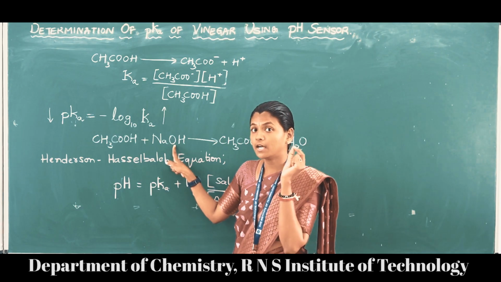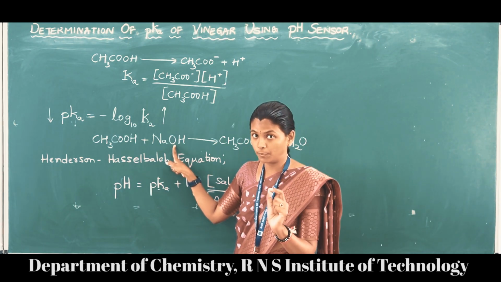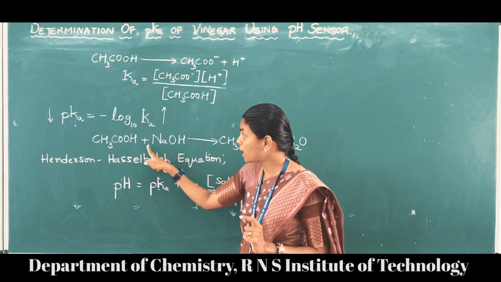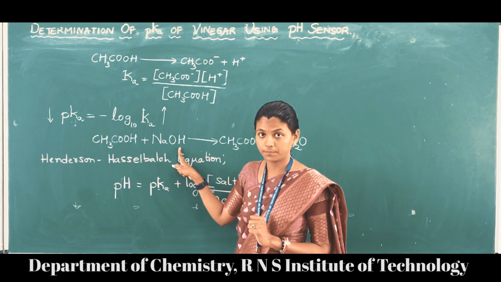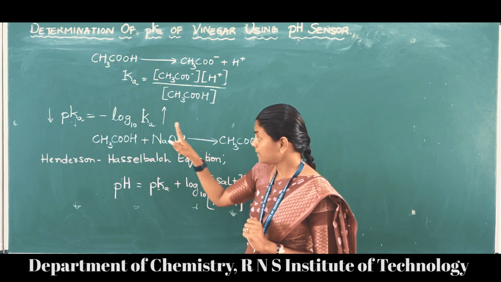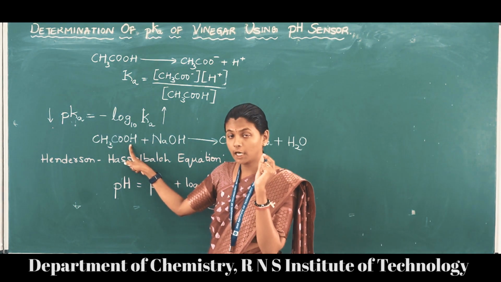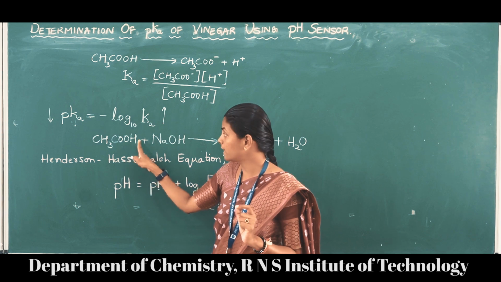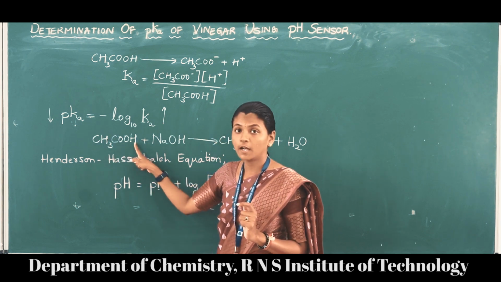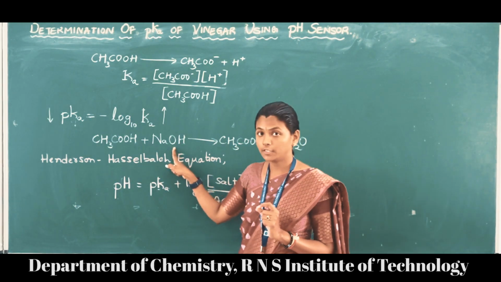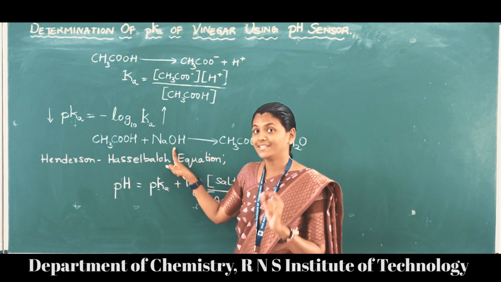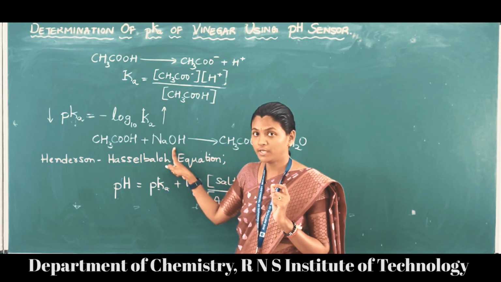But exactly at the equivalence point, we observe a sharp increase in the pH value. Why? Because exactly at the equivalence point, there is no more vinegar available inside the reaction mixture. There will be purely NaOH. Therefore, there is a sharp increase in the pH value.